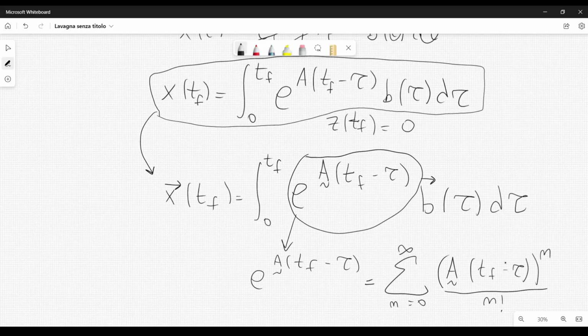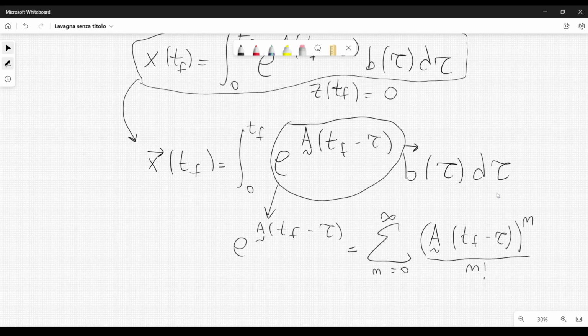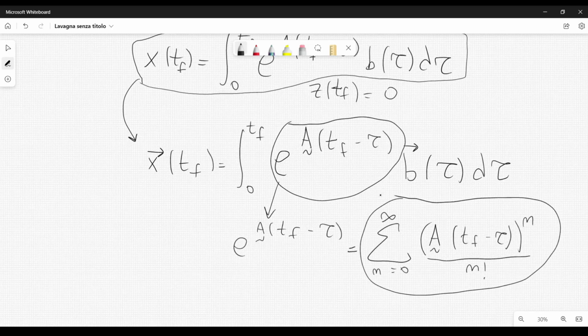If we interpret the exponential like this, well, it makes sense because we can calculate powers of matrices, but it is not so easy to understand how to calculate the exponential of a matrix. So if we interpret it like this, we can make sense out of the expression above.